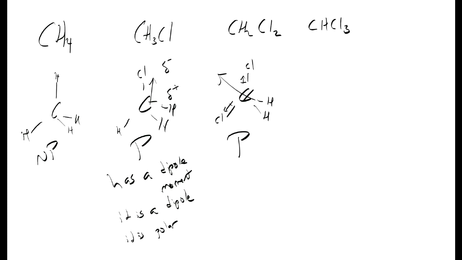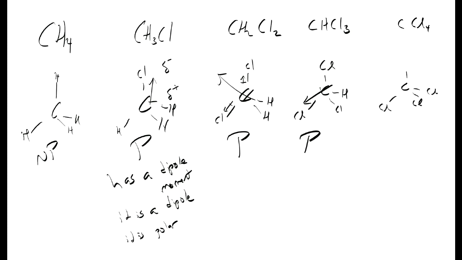CHCl3, trichloromethane, or chloroform, C, Cl, Cl, Cl, H. Once again, you have broken symmetry, so you have a dipole moment. It's kind of hard to see. It's coming out toward us, and it's another polar molecule. And then CCl4, tetrachloromethane, is just C and then 4 chlorines. Now all the bonds are once again the same. It's a nonpolar molecule. Highly symmetrical. There's no broken symmetry there.